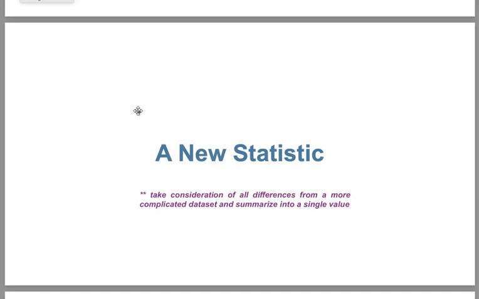That means we need to summarize with a single value that can represent our data. We will introduce that in this example, where we have 5 different categories. But before we start talking about the new statistic, let's see our data set first.